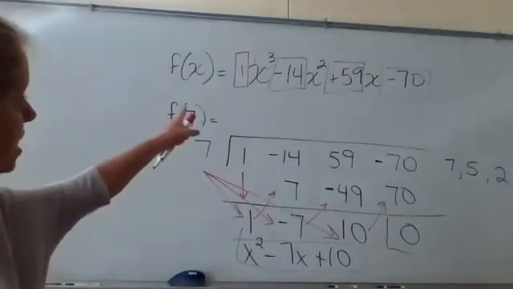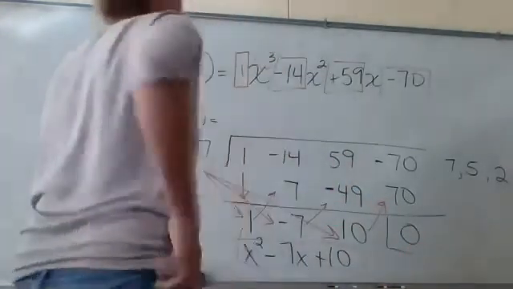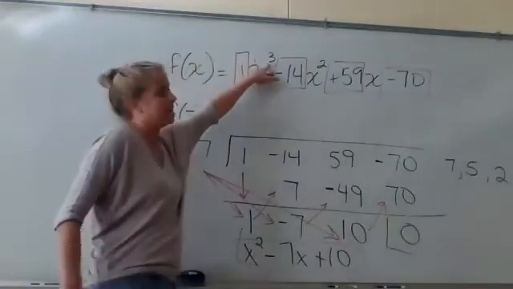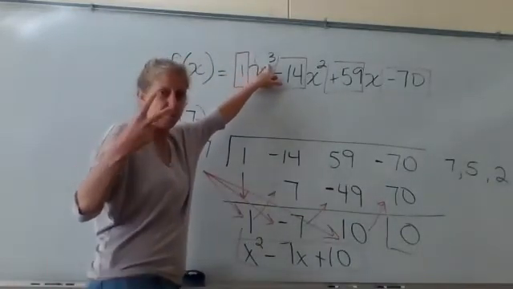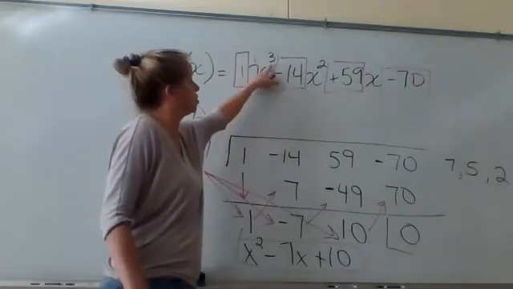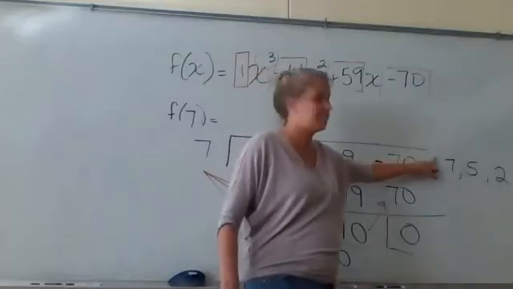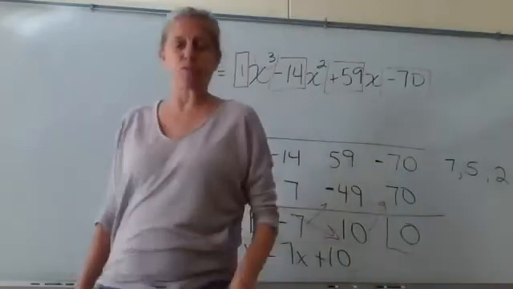It's going to be an x cubed, which means tying this in with the other sections, at most it can have 3 x-intercepts and 2 turning points. What else am I going to know about this function? It's going to cross the x-axis at 7, 5, and 2. It does have 3 x-intercepts. So let's graph this.